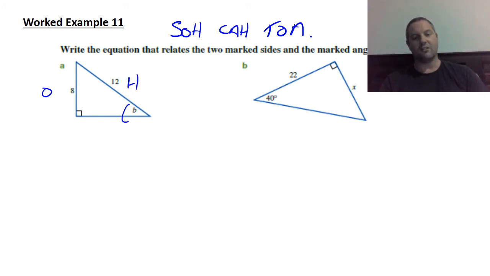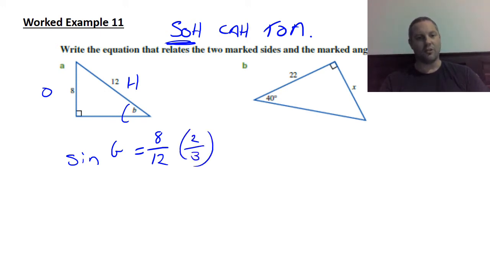Okay, they're the two sides we're using, and our angle is B. So if we're using opposite and hypotenuse, it must be a sine. So we're going to write sine B equals 8 over 12. Now that's also written as 2 over 3 because 4 goes into both. Okay, nice and simple for that one. That's all it's asking you to do.